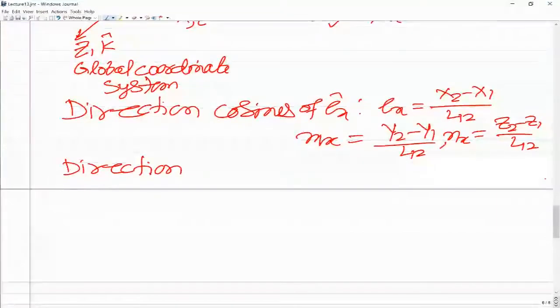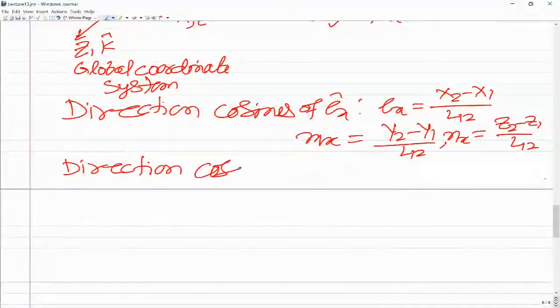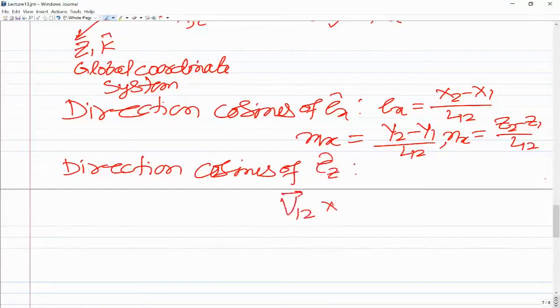So now, as I said, we can write the direction cosines of Ez cap. For that, you can take this Ez vector as the vector from 1 to 2 cross the vector from 1 to 3, divided by the magnitude of vector 1 to 2 cross vector 1 to 3.